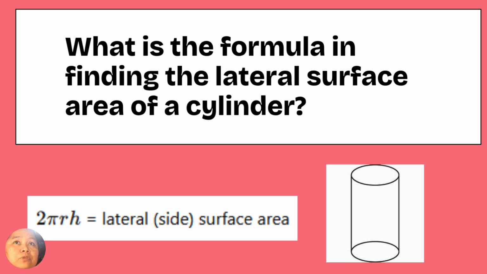Now to solve for the lateral surface area, we only have the 2 pi rh. Kung gusto nating malaman yung area nung nasa gilid lang ng cylinder.